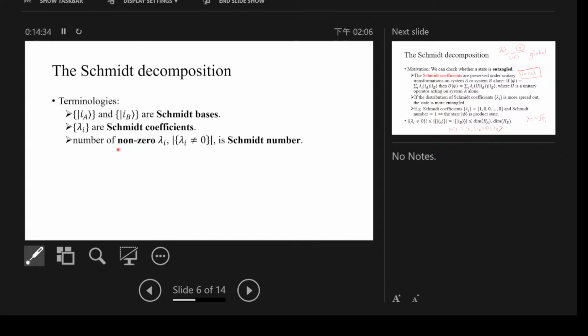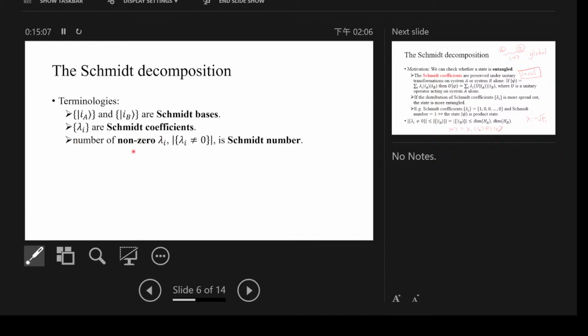Here we have a bit of terminology associated with Schmidt decomposition. This basis, usually unique, the states i_A and i_B, are called the Schmidt basis. And those lambda i's are called Schmidt coefficients. And we have a bit of a weird definition: the Schmidt number, which is the number of non-zero lambda i.